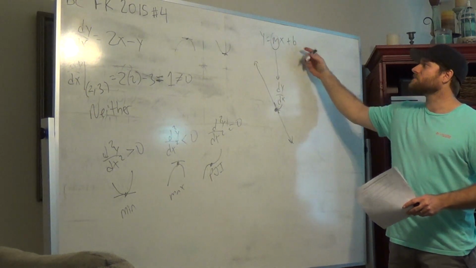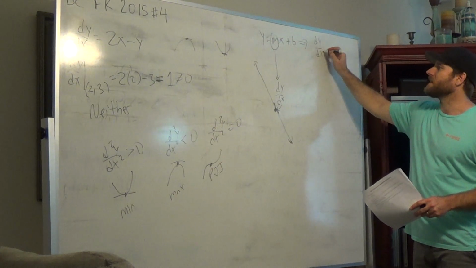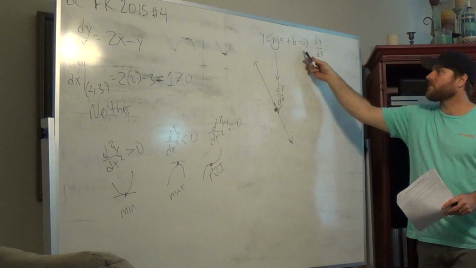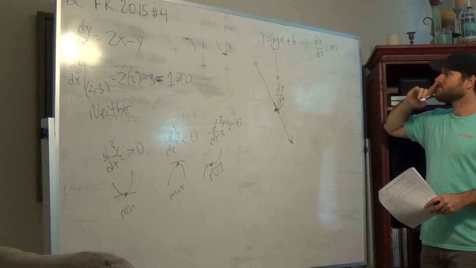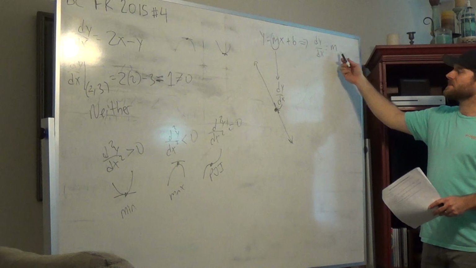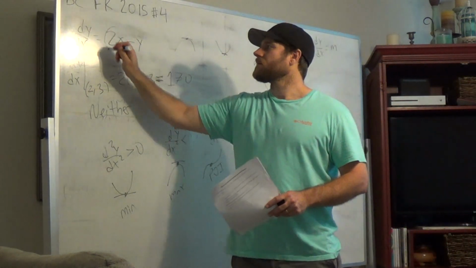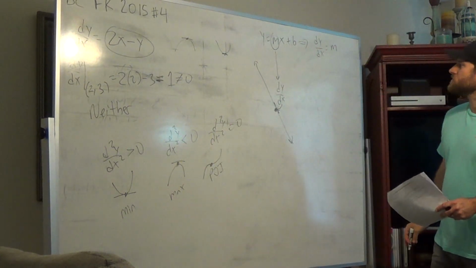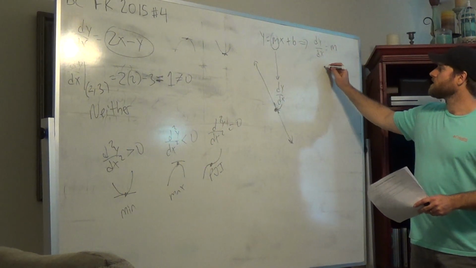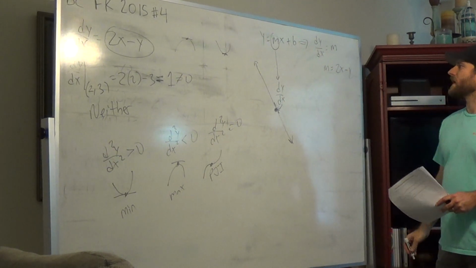If this was my answer, then my derivative, dy/dx, the derivative of all this would be m. And this m has to equal this information way over here. So the m would have to equal 2x minus y.